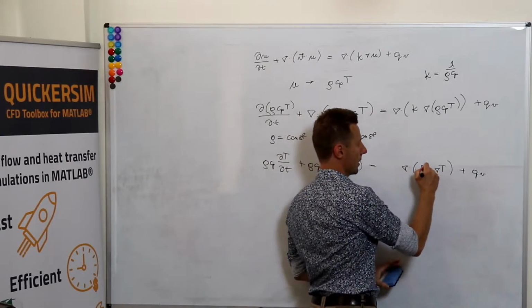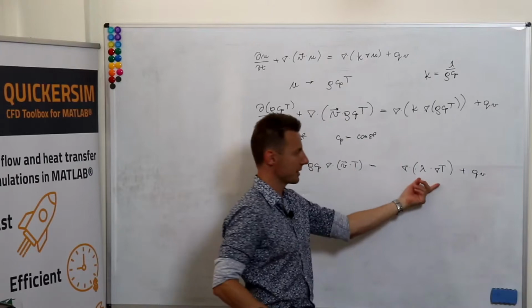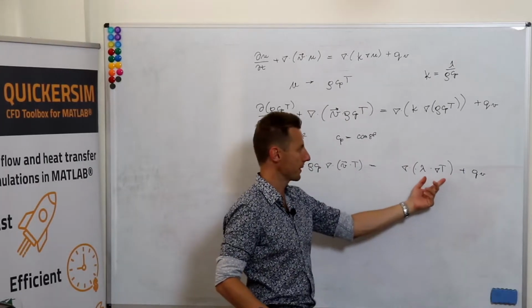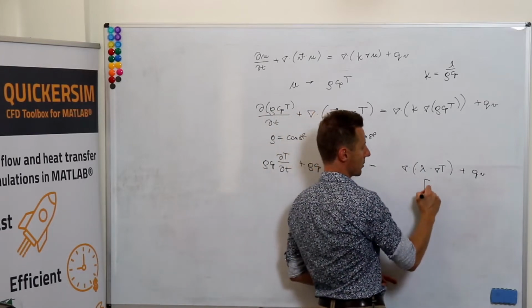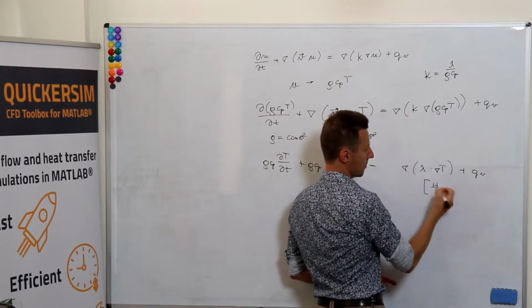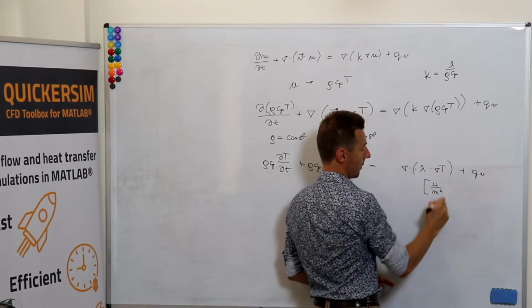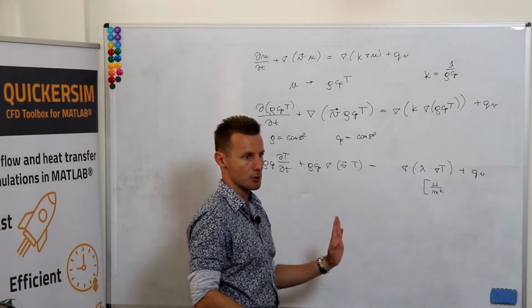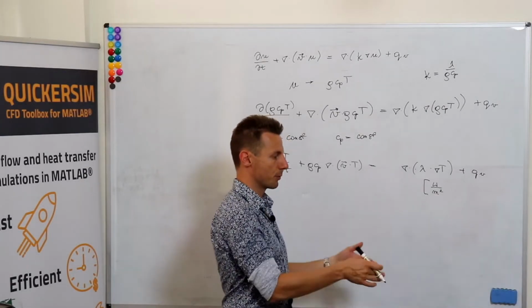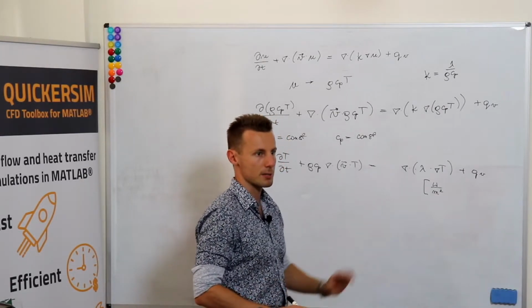And what we have is we are really having the physical heat flux that is represented in what dimensions? In watts per meter square, because it's basically how much heat flux goes through a specific cross-sectional area.